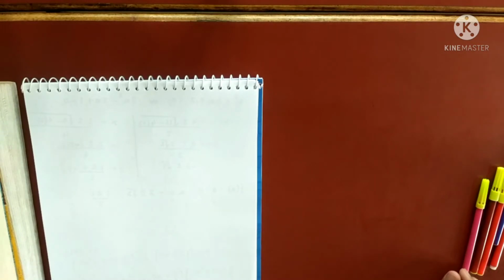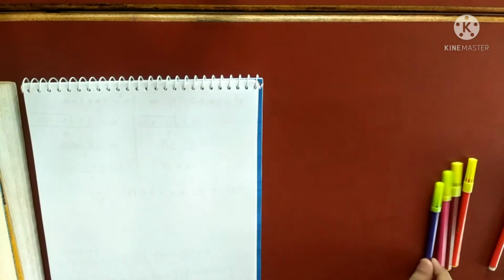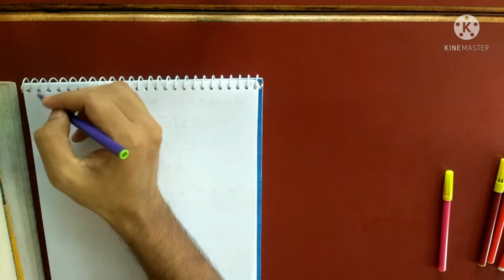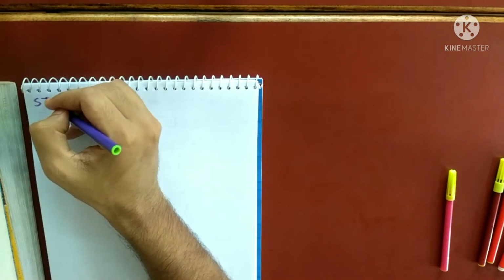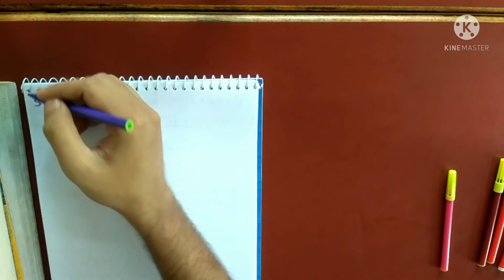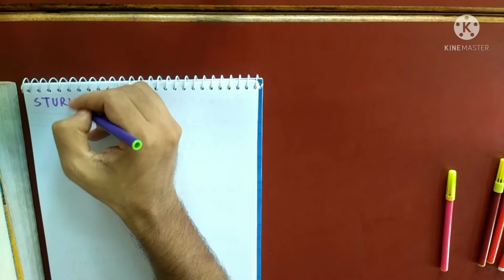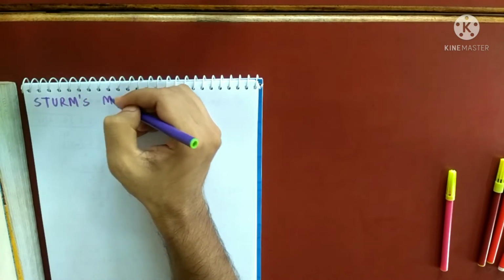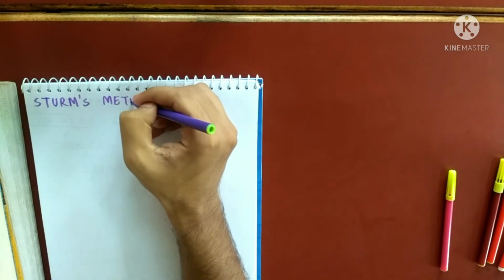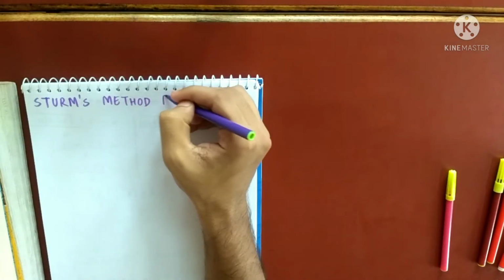So now we have something called Sturm's method for location of roots. Let me write it down. Sturm's method for location of roots.